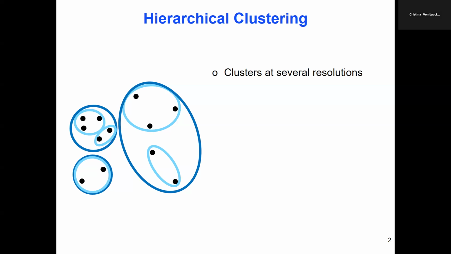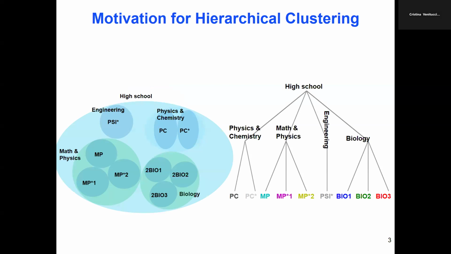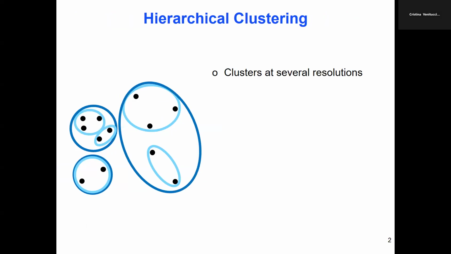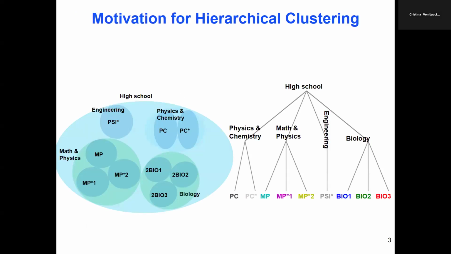In other words, if there is a hierarchy of clusters. A typical motivation would be a high school data set, in which you would cluster classes and so on until the root, which would be the high school itself.